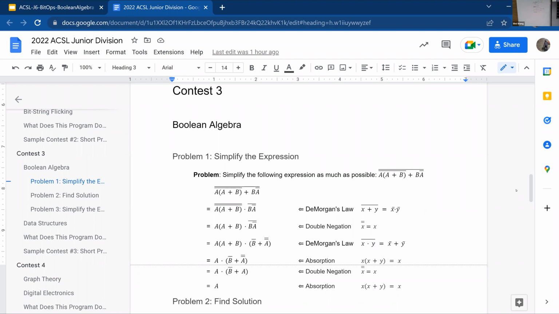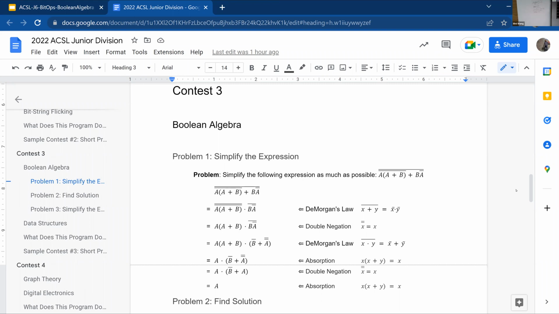Any question? Basically, if we take this first part as X and this as Y, it's X or Y and then negated. That would be not X and not Y, right?